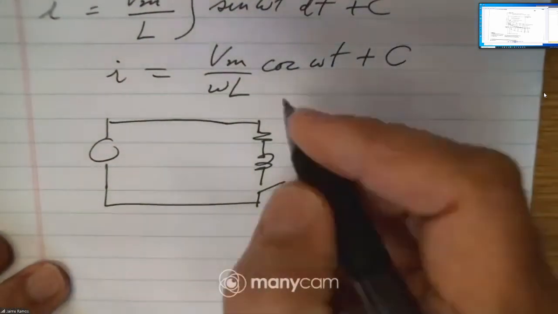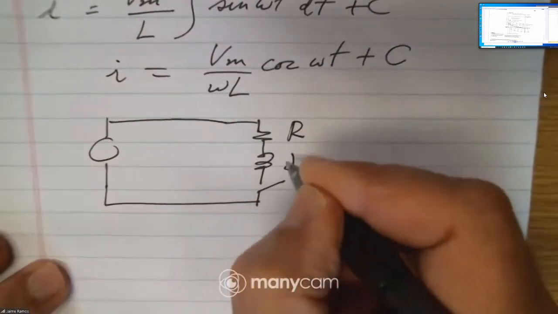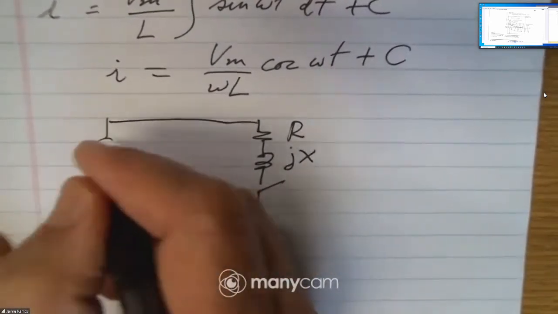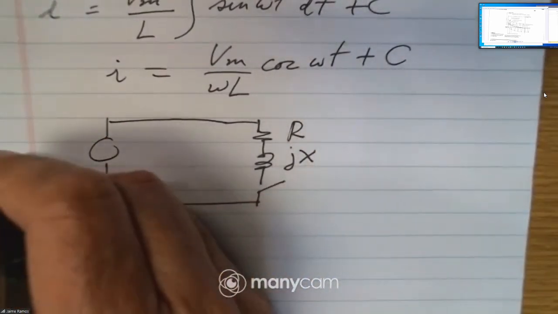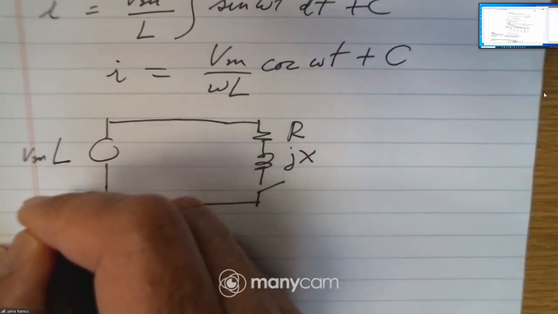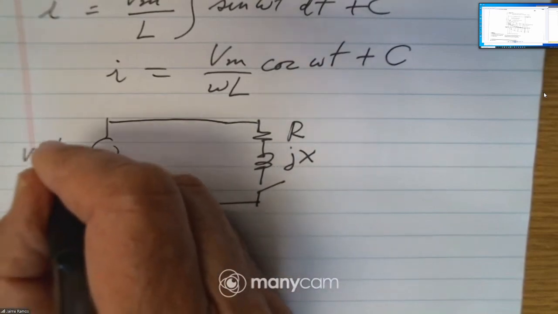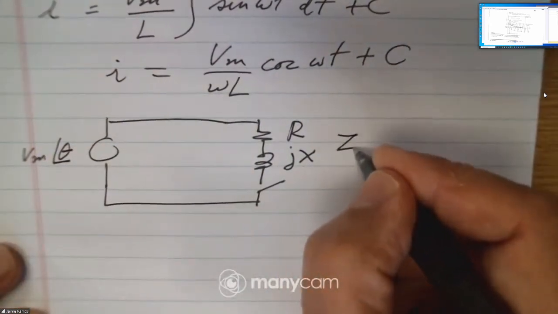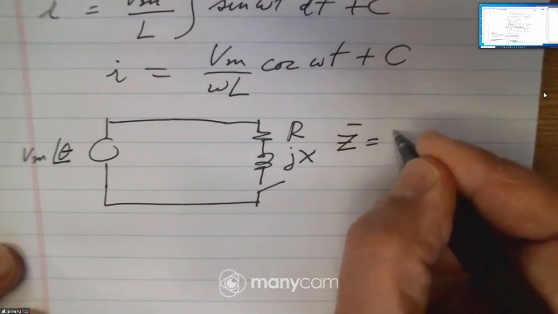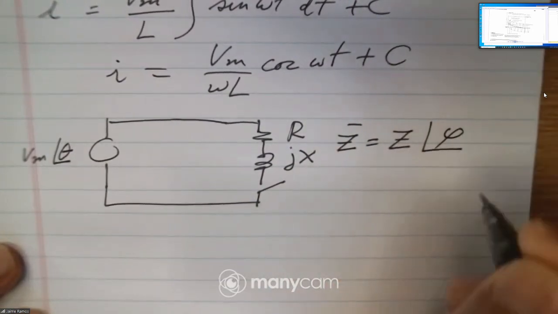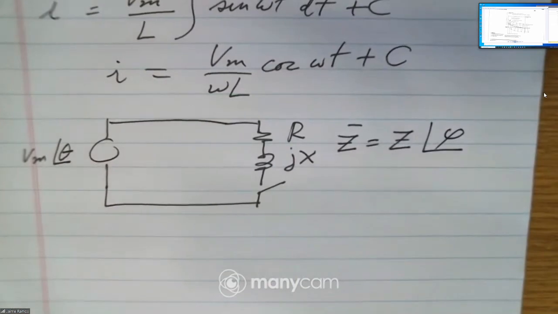So we have R, jX, and then we have voltage here, Vm, angle theta. Here we are going to have impedance, and we have a different angle now. Here we have angle phi.